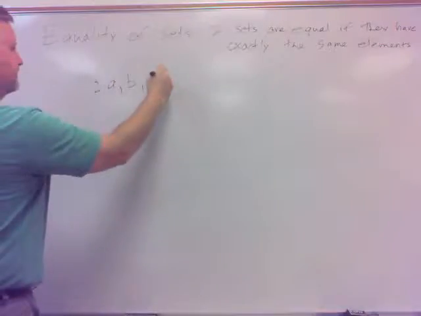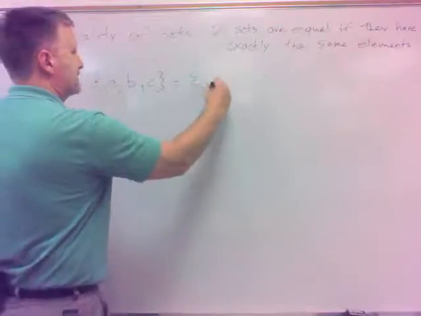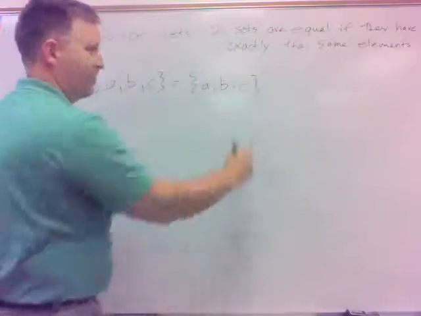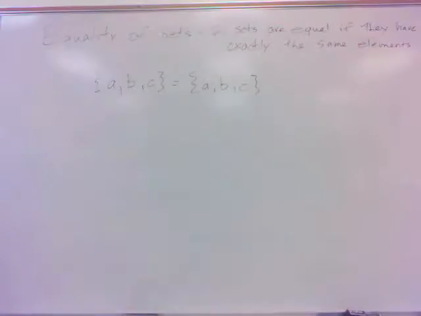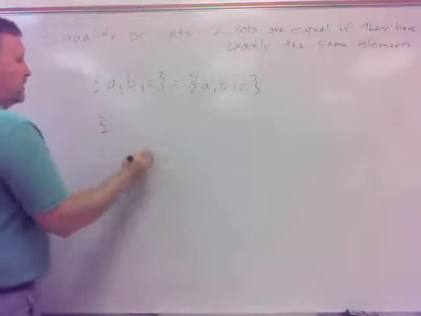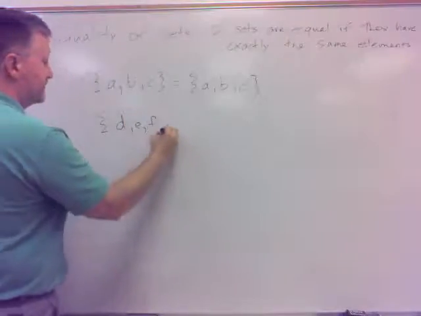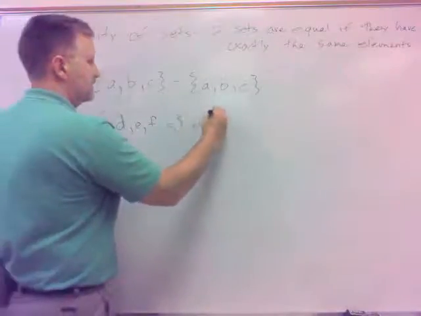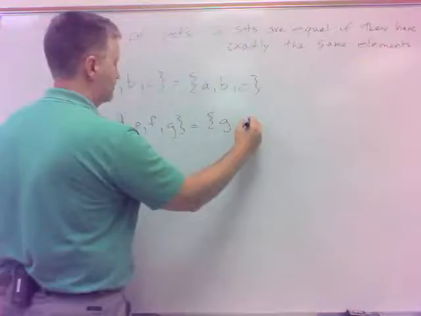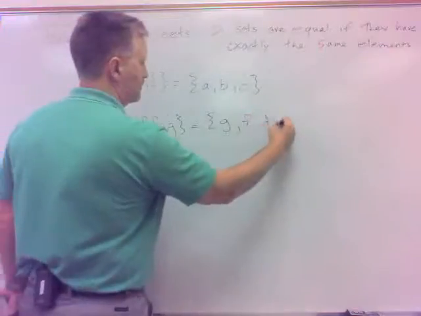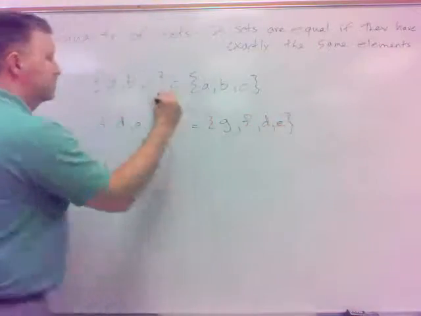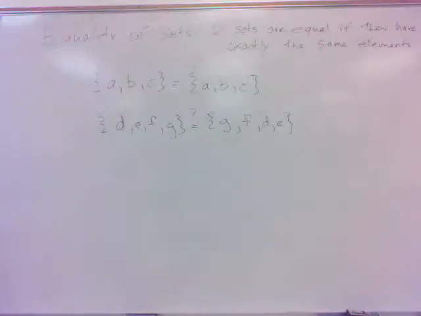Obviously, that's a no-brainer. ABC equals ABC. That set equals itself. Well, what about D, E, F, G? Switch it up a little bit.